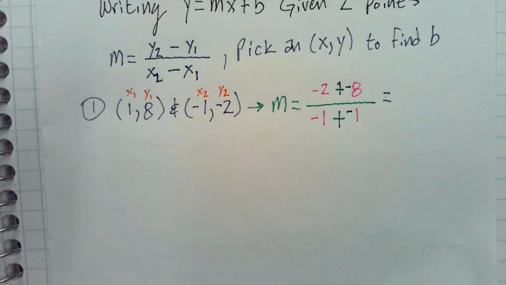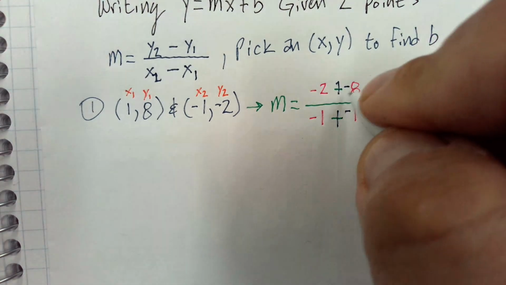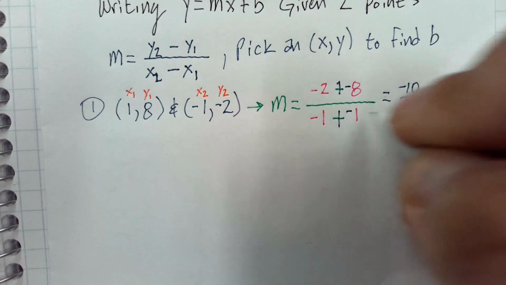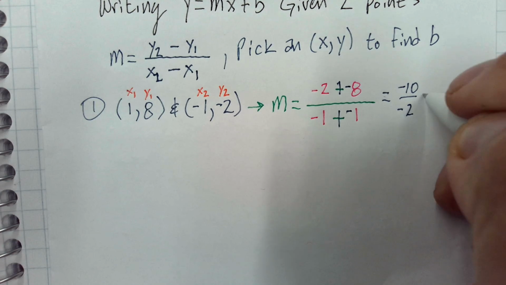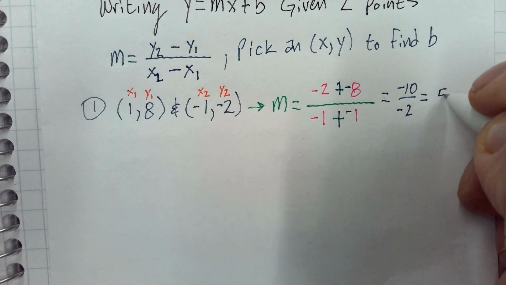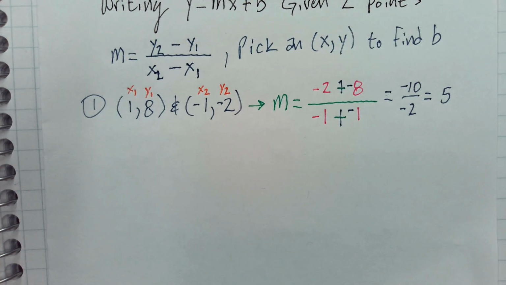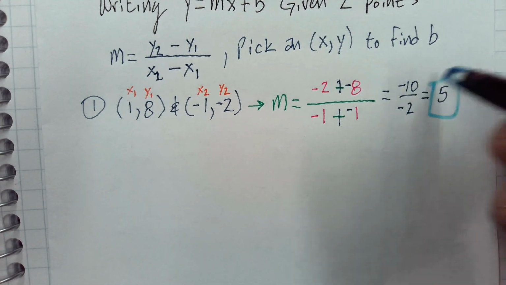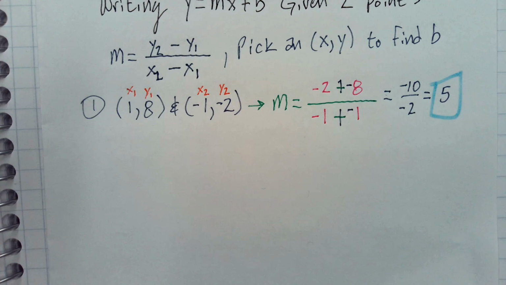All I did was change it to addition problems. So let's see, what do we get? -10 over -2. Positive 5. So now we got our slope. It's 5. Okay? So now we know the slope is 5.